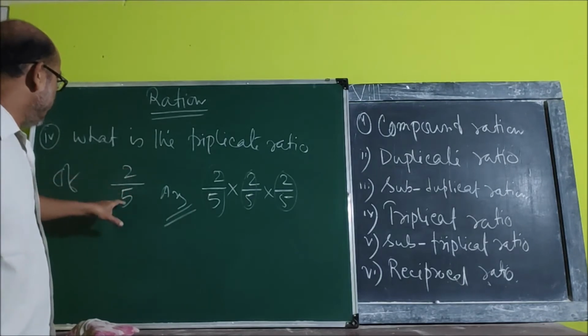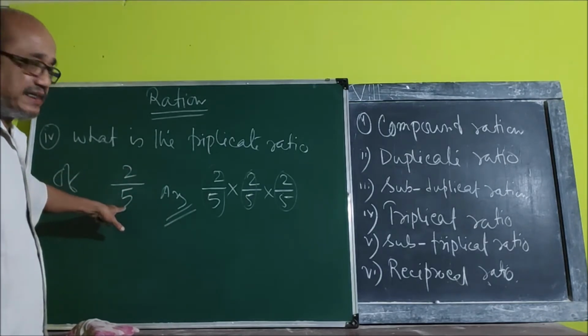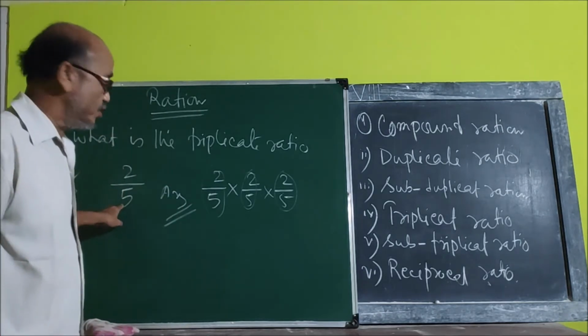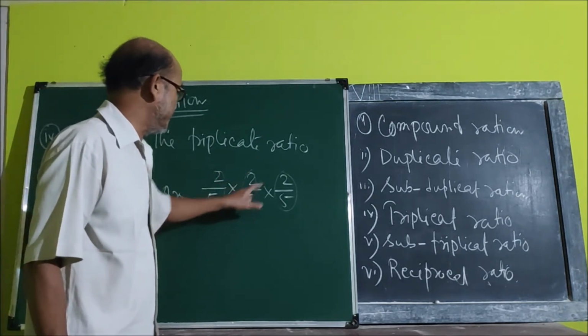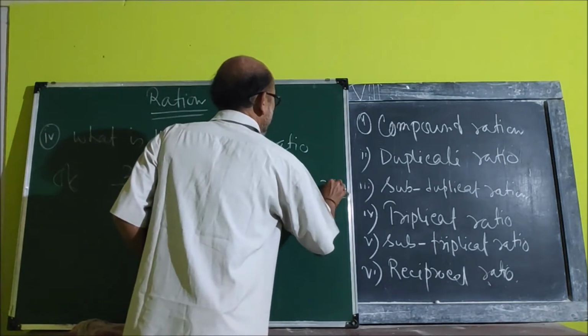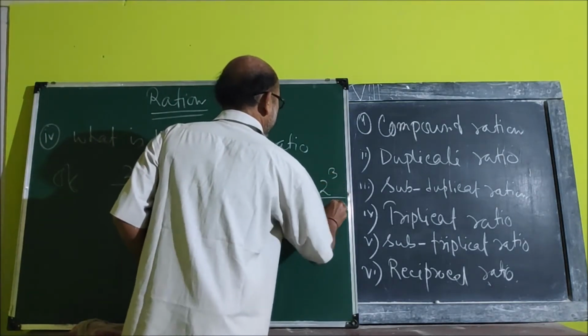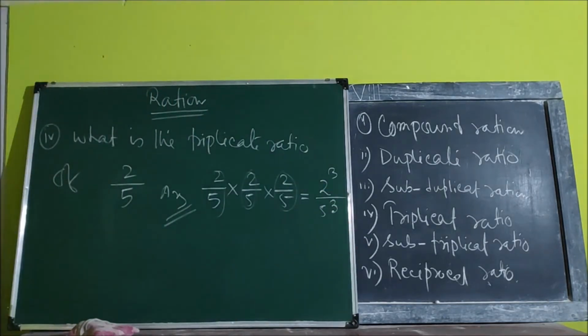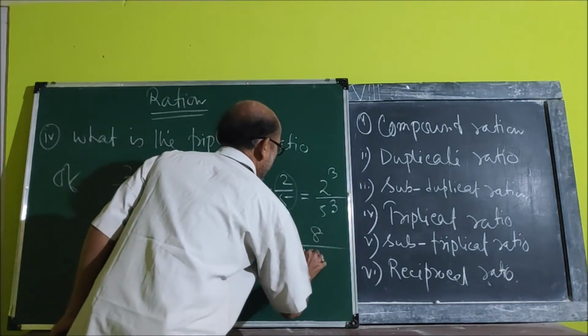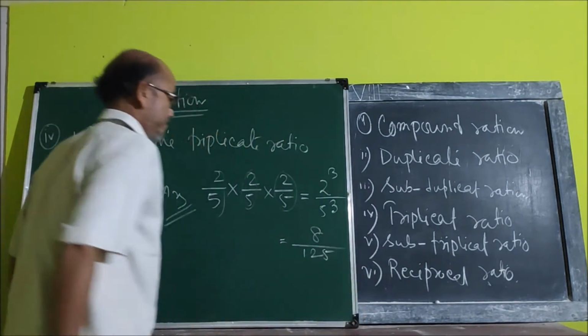You are given 2 by 5, then its triplicate ratio will be 2 by 5 into 2 by 5 into 2 by 5, which results in 2 cube and 5 cube. Ultimately, the answer will be 8 by 125.